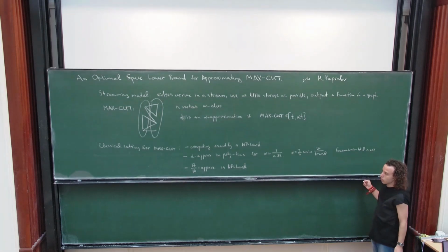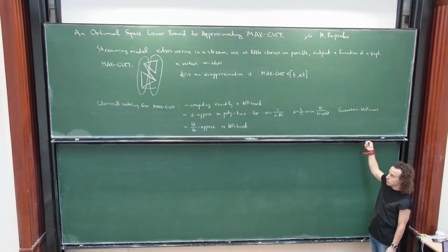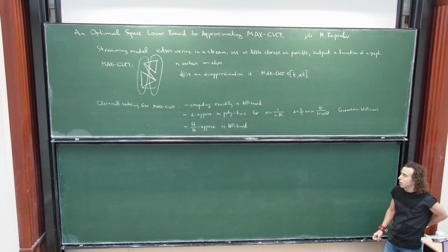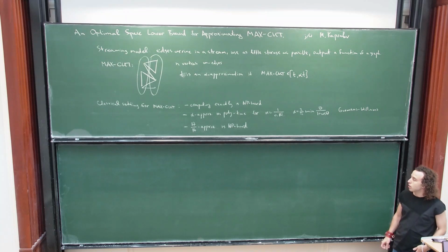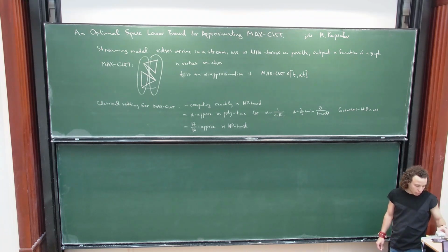So again, in our setting, we completely forget about the time complexity and we only think about the space complexity. Okay, so let's try to understand a bit about our problem and what approximation is possible. There are basically two extremes in this problem.